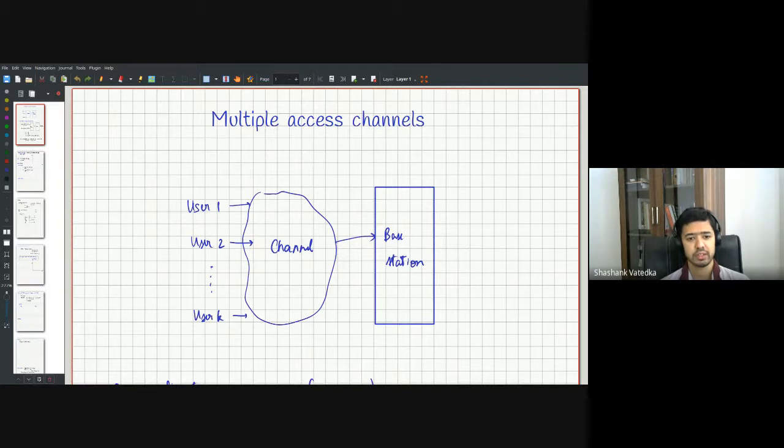We'll see that the multiple access channels are well understood, and we know what the optimal rates of communication are. But once we come to broadcast channels, a lot of things are still open. We still don't have a complete understanding of that particular problem.